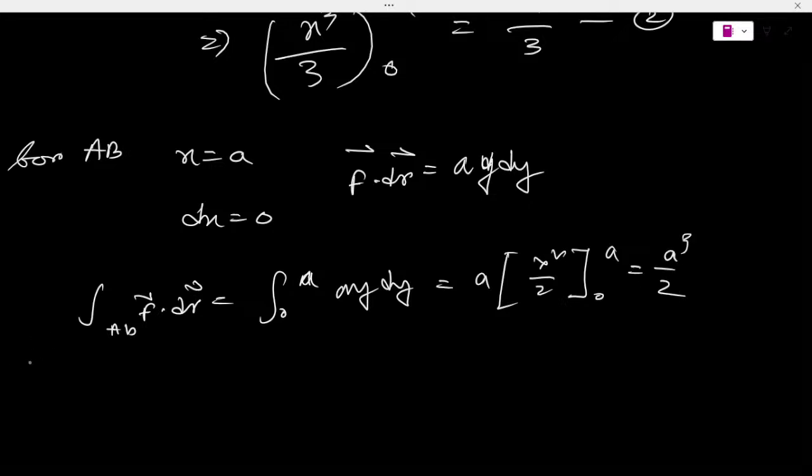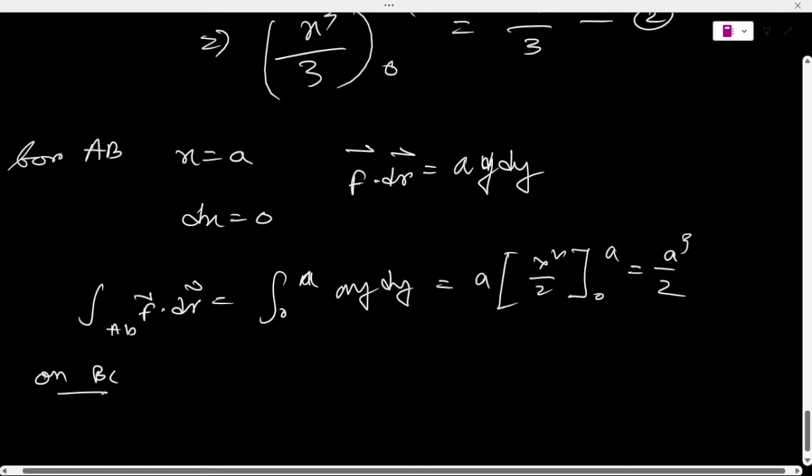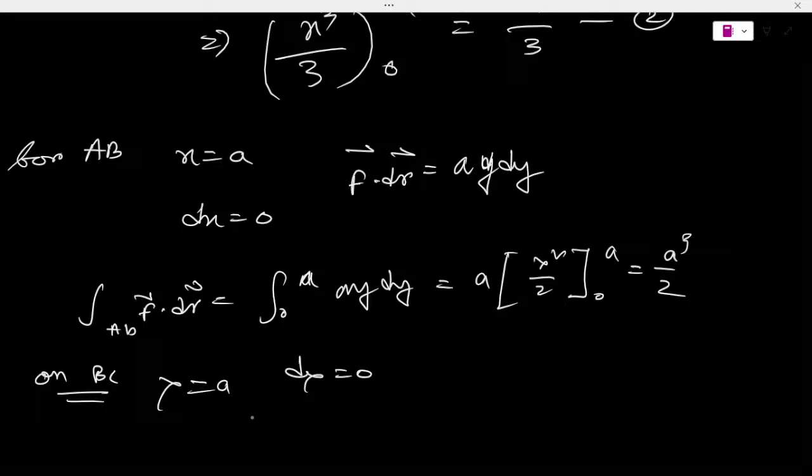On BC, y is equal to a, and then dy is equal to 0.